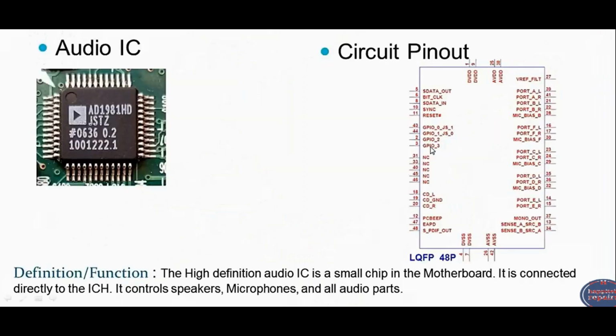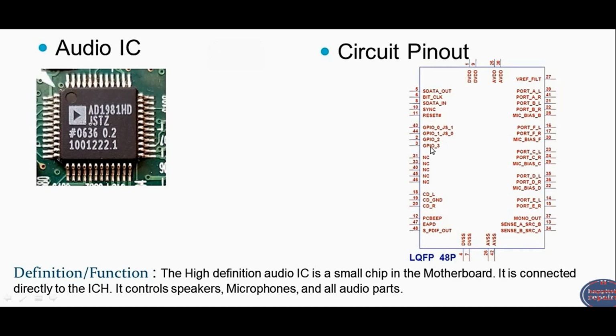So the next component or IC is the audio IC. As you can see here, this is the audio IC. You can usually find the reference or model of the audio IC in laptop motherboards and also computer motherboards, ED1981HD. Here we have the circuit pinout, as you can see.